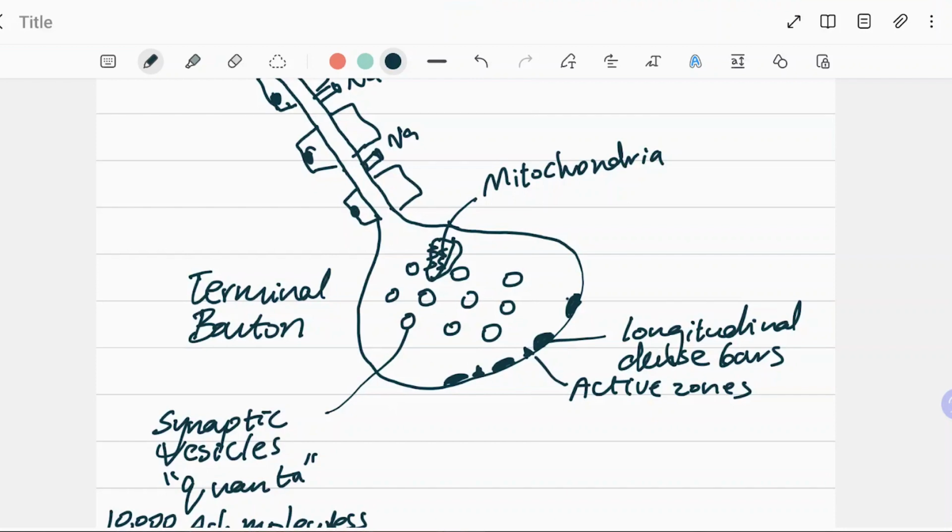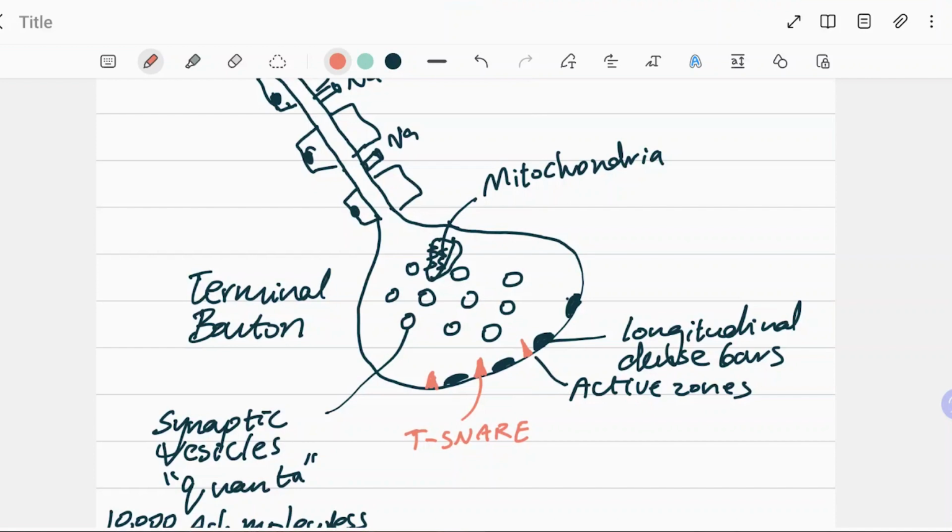These structures, let's draw them in a different color. Let's make it red, because it's nice and active. These little triangles I'm drawing are very important structures called T-SNARE, target SNARE protein.